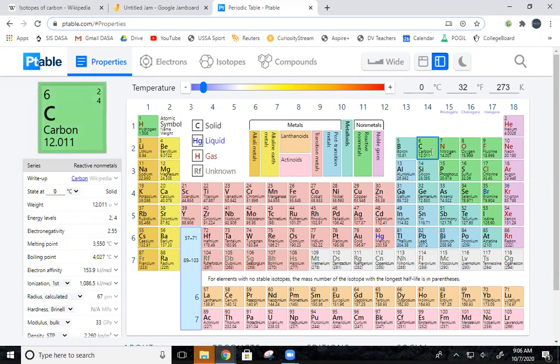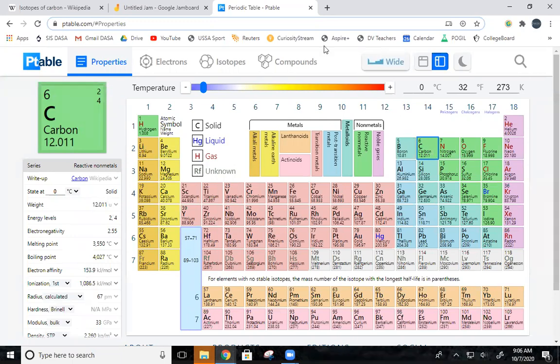The exact same answer. 12.011 is the average mass of carbon. Do we see how that works? You take the abundance as a percentage and multiply it by that isotope's mass, and that will give you the average mass.